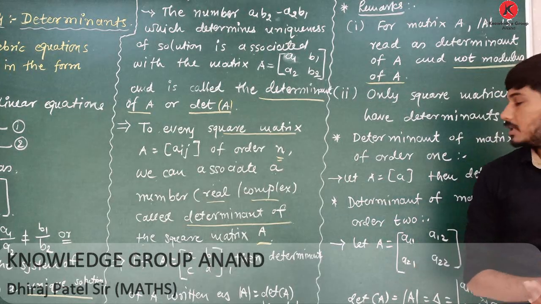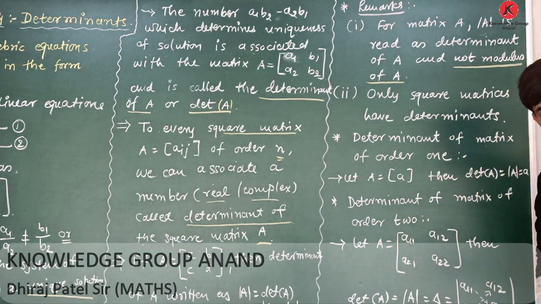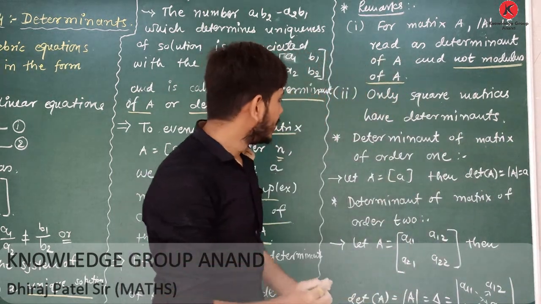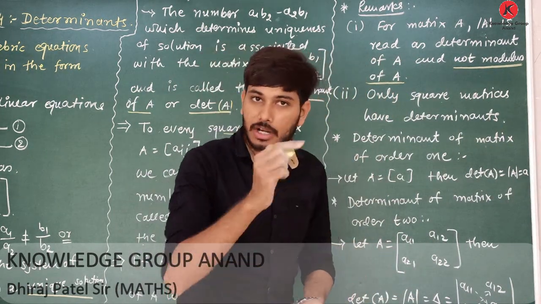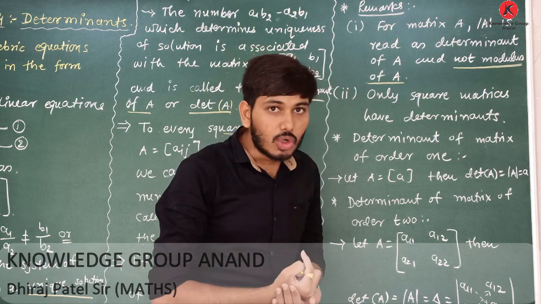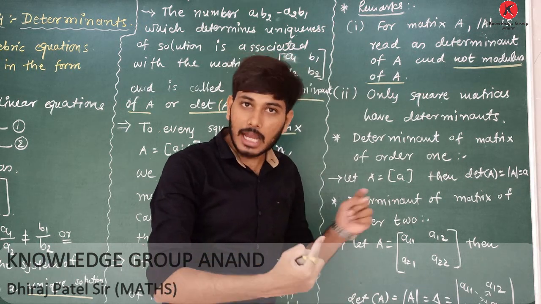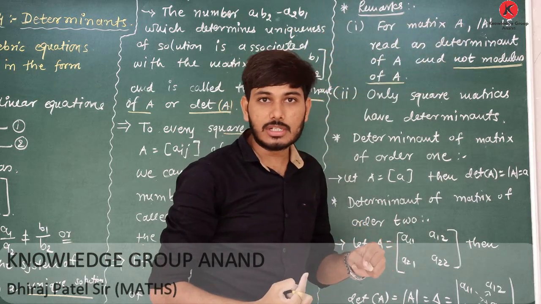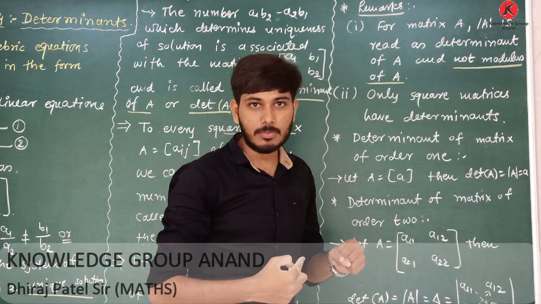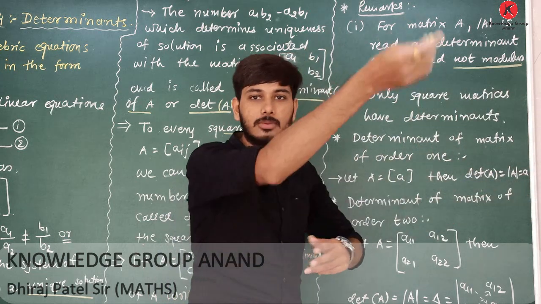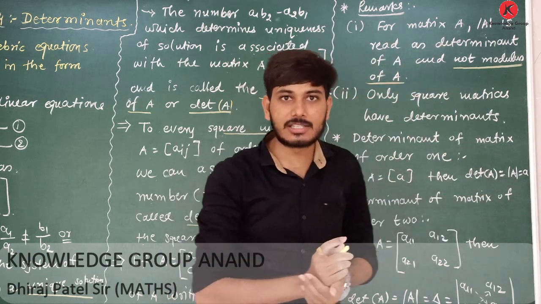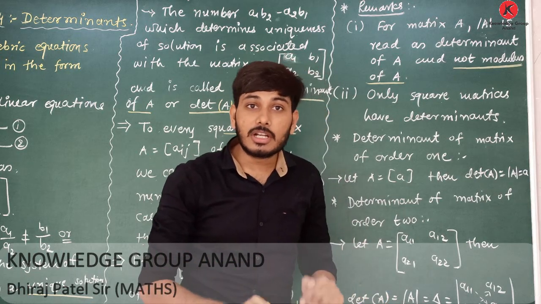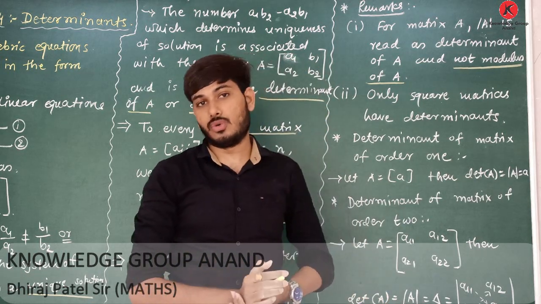I am starting with the determinant of a matrix of order 1. In this chapter we have to study the determinant of matrices of order 1, order 2, order 3, and in engineering, other technology-based topics, or advanced mathematics, you have to study the determinant of order 4 also.